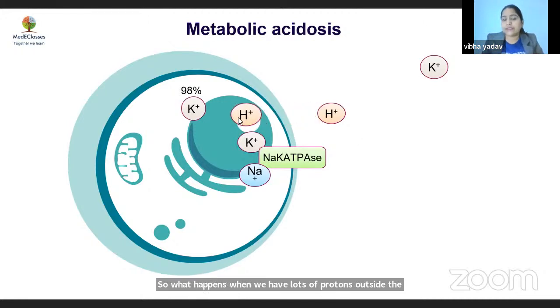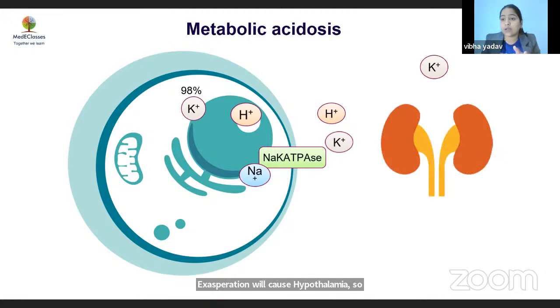They go inside the cells, and in exchange for these protons, the potassium is pushed outside the cell, and this excess potassium will cause hyperkalemia. A similar mechanism happens in the kidney also. The excess protons are excreted in the urine, and the potassium is absorbed.